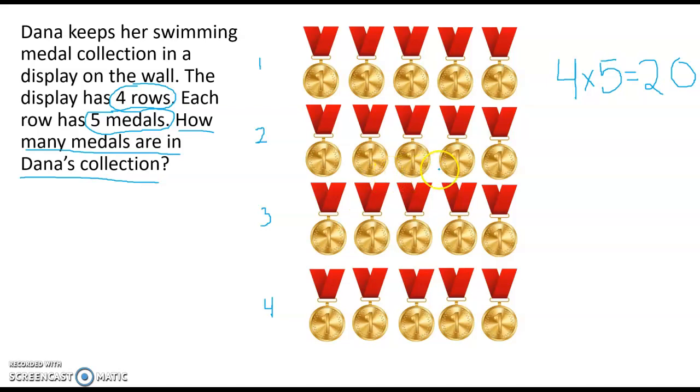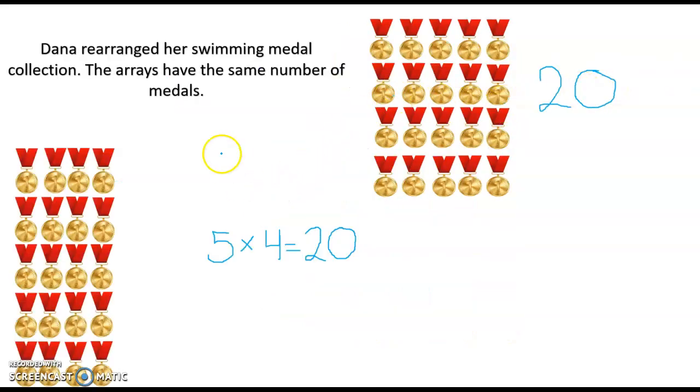So in this array, we did 4 times 5 to get 20. And then when she rearranged them, we had 5 times 4 equals 20.